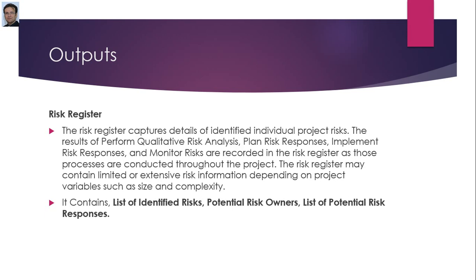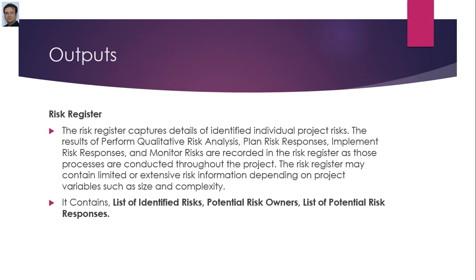It is used to track information about identified risks over the course of the project, which includes risk identifier, risk statement, probability of occurring, and impact, and different other components as well, like comments, status, actions, revised score, impact, and probability. So the risk register captures details of identified individual project risks. In the risk register, you take basically all your activities and find risks related to those activities.